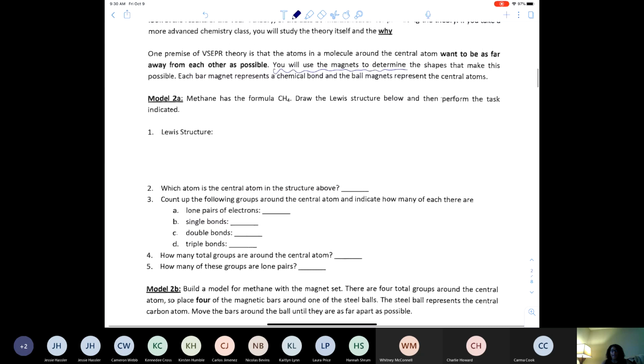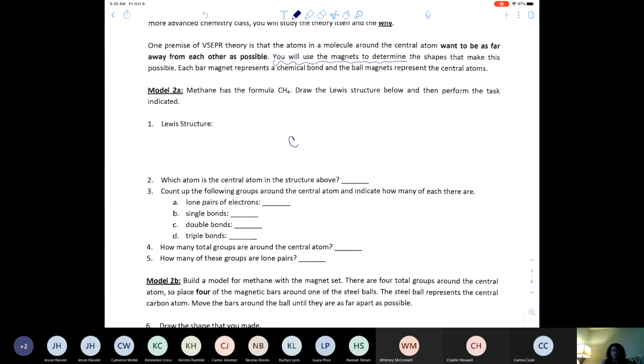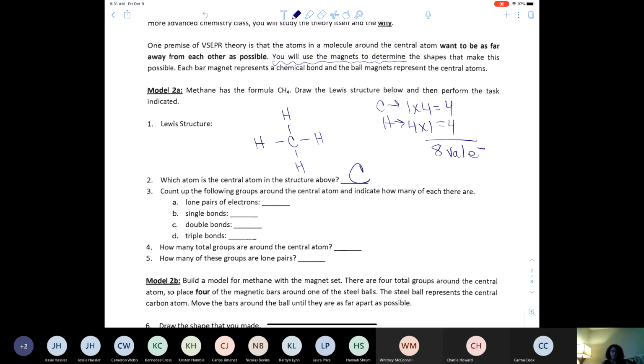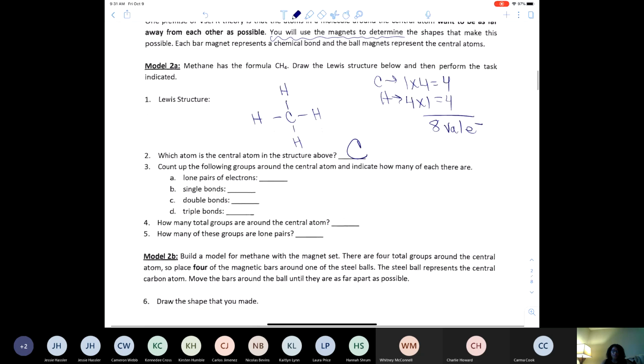And so we started out already with methane. We already drew its Lewis structure, having a total of 8 valence electrons. And so in our Lewis structure, we decided that carbon was the central atom. And so now we're going to focus in on this central carbon atom.